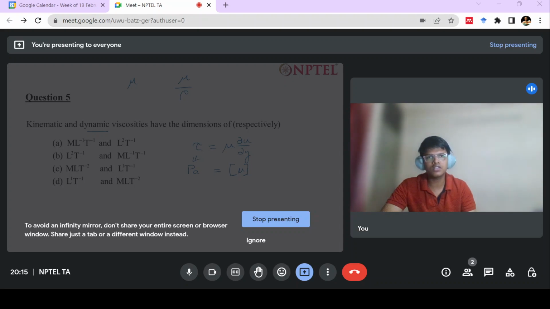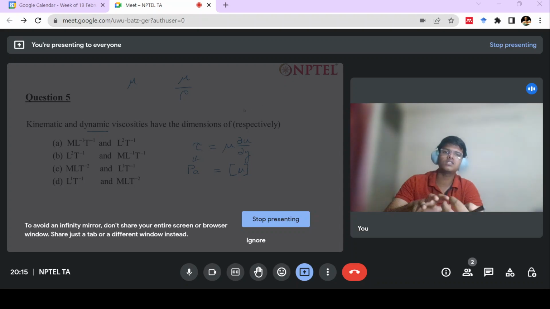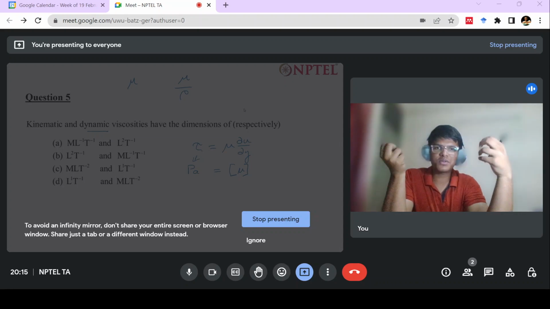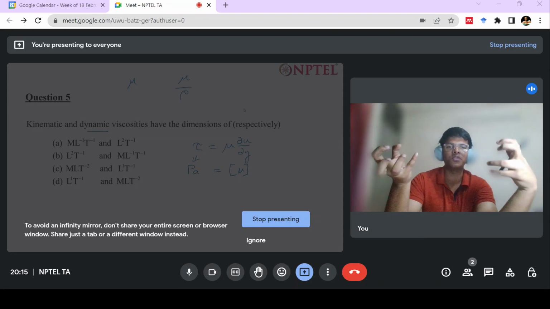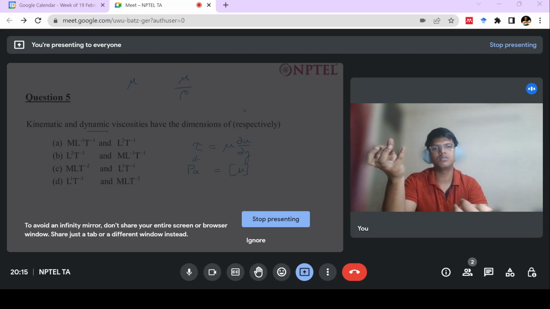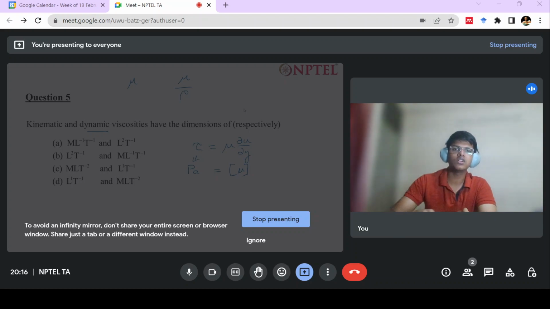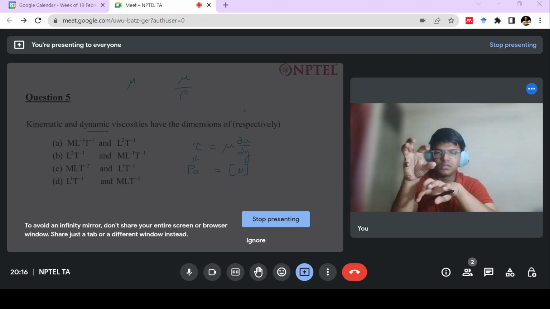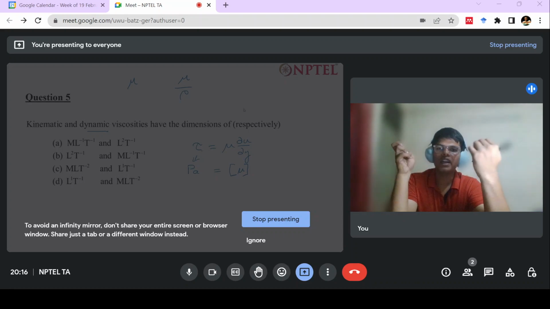So this viscosity is basically the same thing. Viscosity is a friction between the fluid molecules, so it represents a force. And when we are dividing by rho, it represents the inertia here, because this is the density, how inertially dense the fluid is. So if I divide a force term by a density term, that will give me the kinematic number.